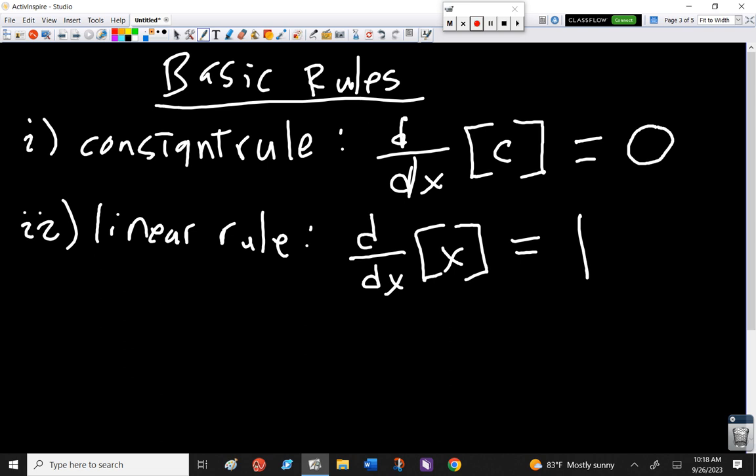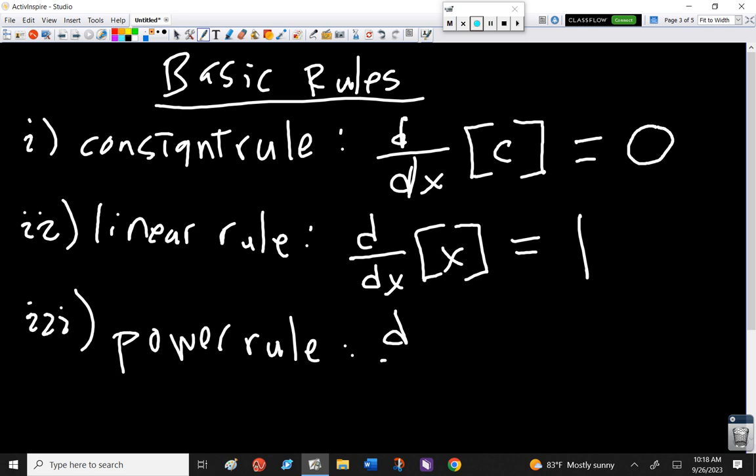All right. The third rule, and probably the most used rule that you're going to be using in calculus all year long, is called the power rule. The power rule, ladies and gentlemen, is whenever we take the derivative with respect to x of x to any power.